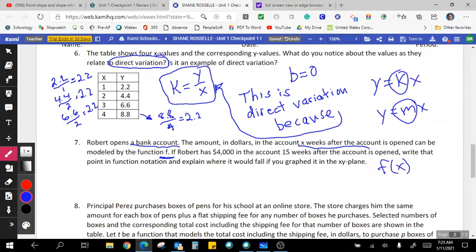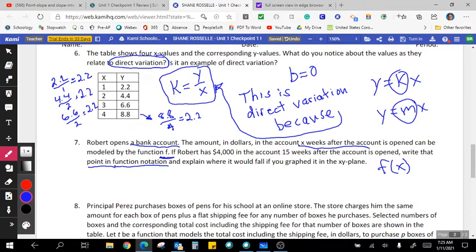If Robert has $4,000 in the account 15 weeks after the account is open, write that point in function notation and explain where it would fall if you graphed it in the xy plane.